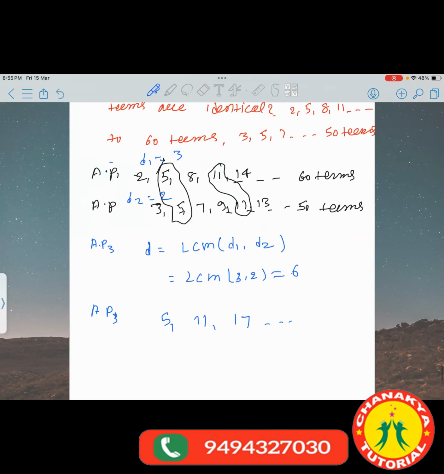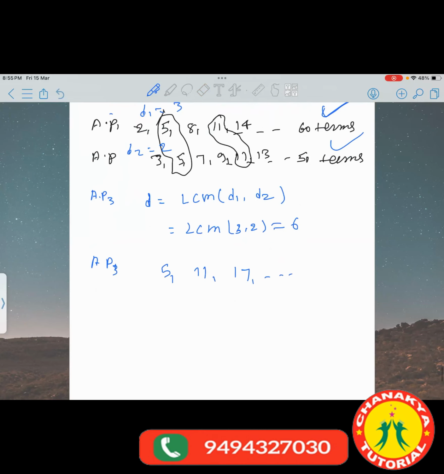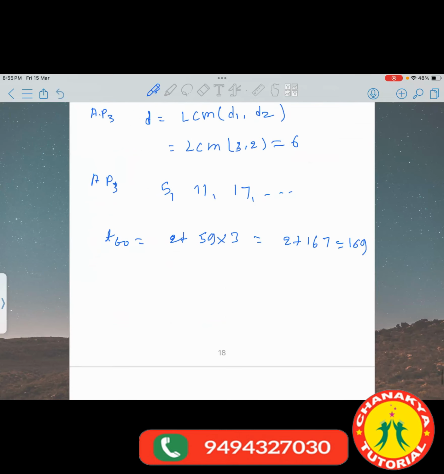So here, first find the last terms of the first AP and the second AP. For the first AP, the last term T60 is equal to 2 plus 59 into 3, which is 179.